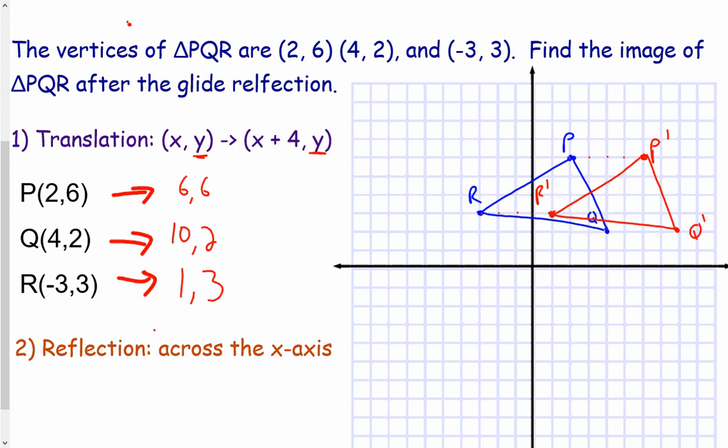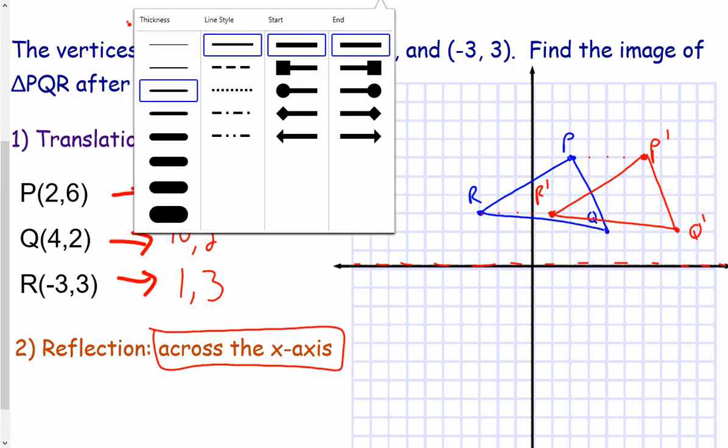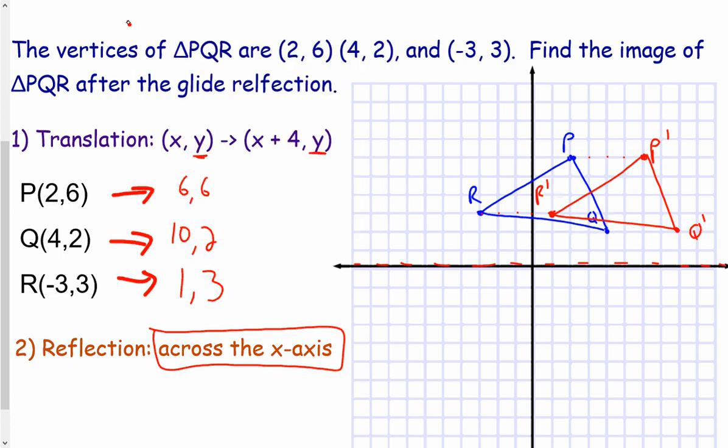And now it says next we're reflecting across the x-axis, which again, reminder, that's this line here. So now we're flipping what? Are we flipping the original or the P prime? We're flipping the prime, so now the red shape is what's moving here. And so now again, you're counting how far is Q away from the line, 2 away, so go 2 past. How far is P prime away from the line? 1, 2, 3, 4, 5, 6, and we're going 6 past.